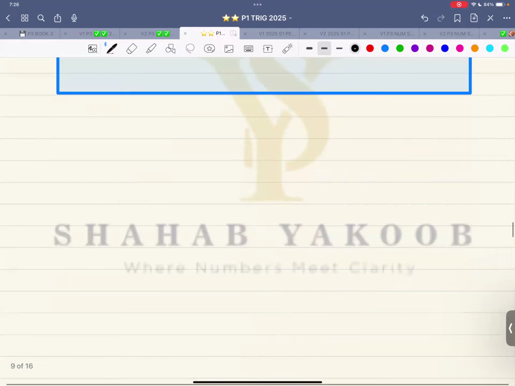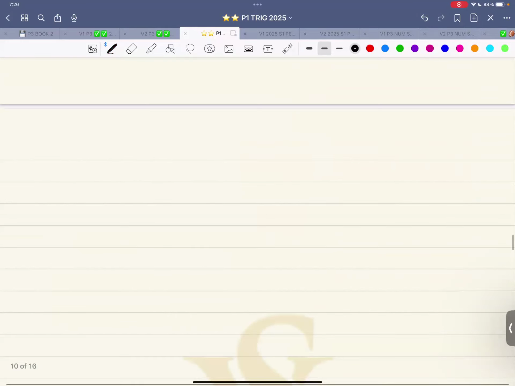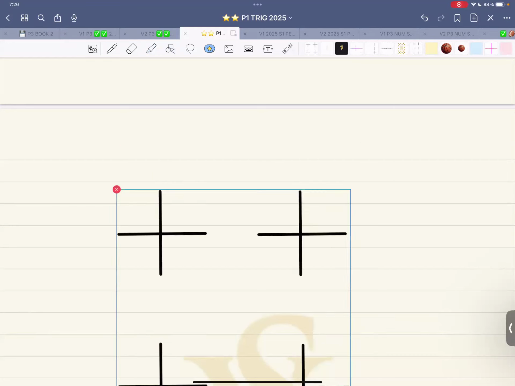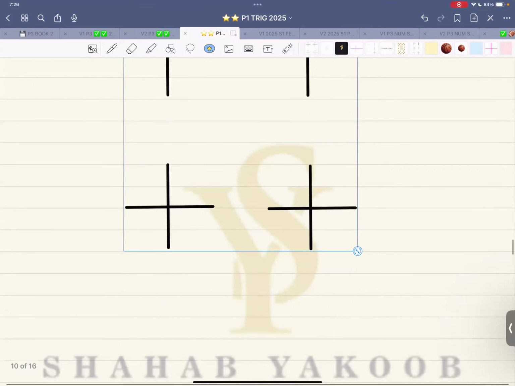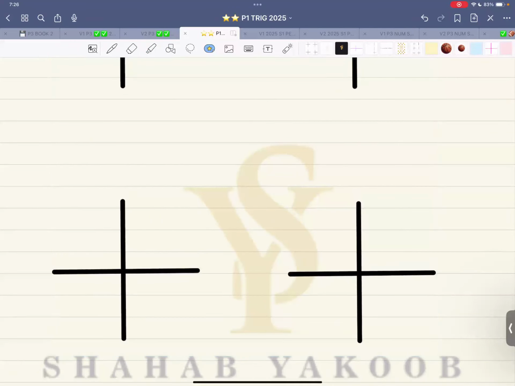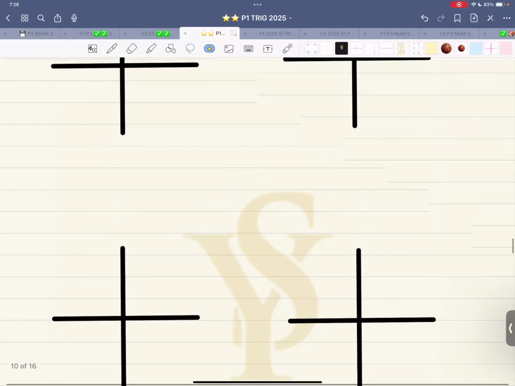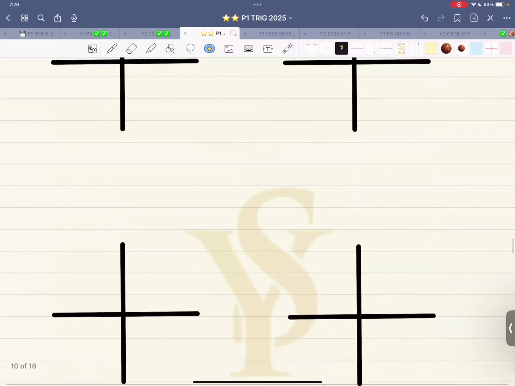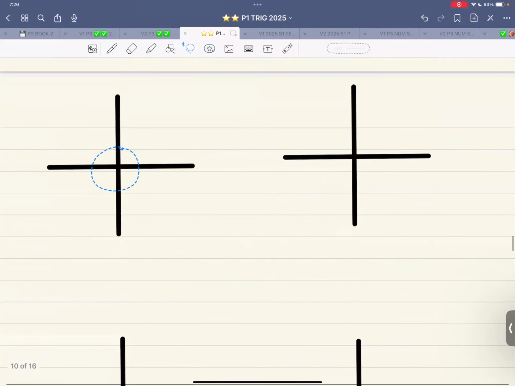So far, so good. Now, let me introduce the concept about quadrants. So now let me draw a few diagrams, and I think there should be a grid over here. Let me first realign them.